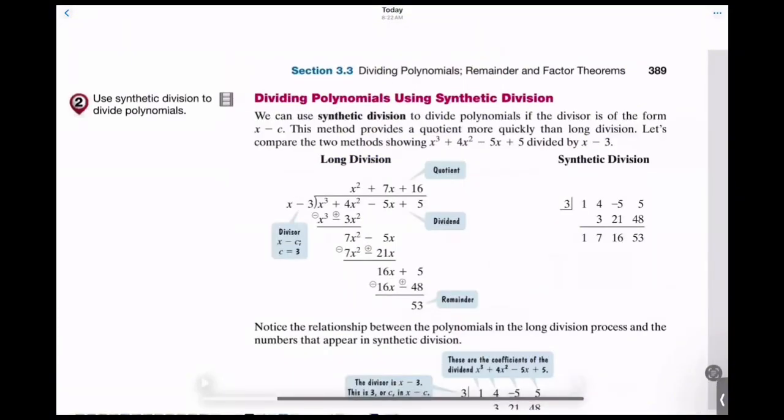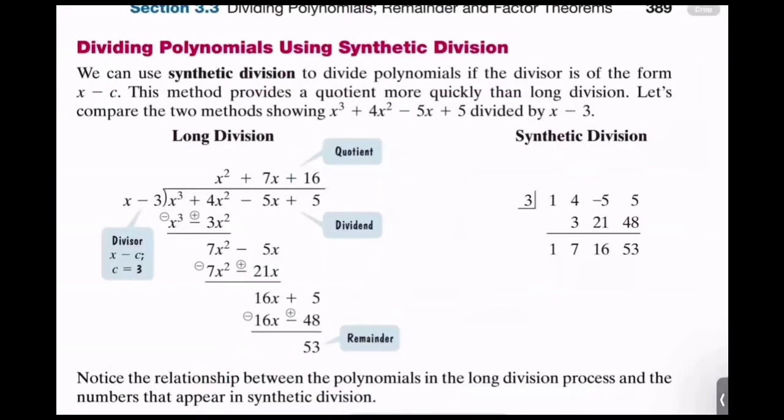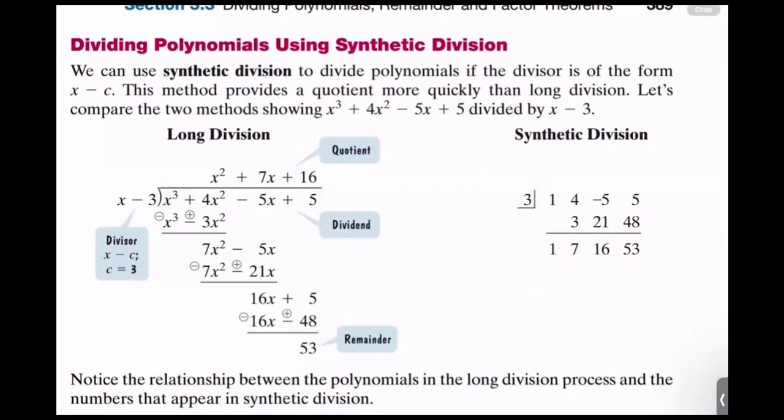Now, this is what I need you to pay attention to, and this is why I told you to write down mine. Do you see this polynomial right here? Don't look anywhere else. These numbers up here come from here.